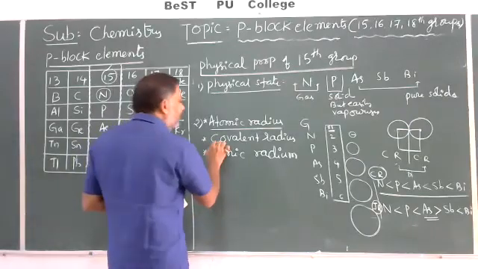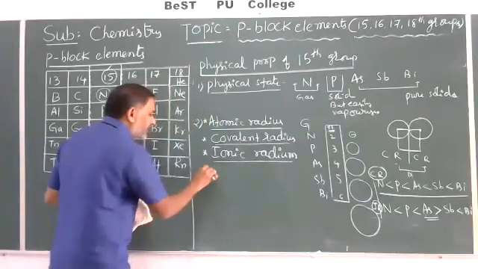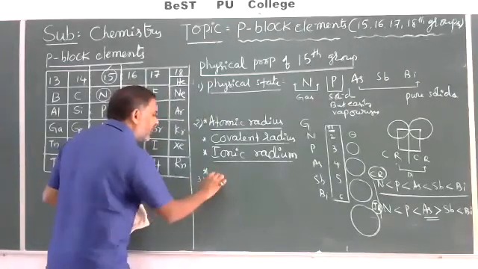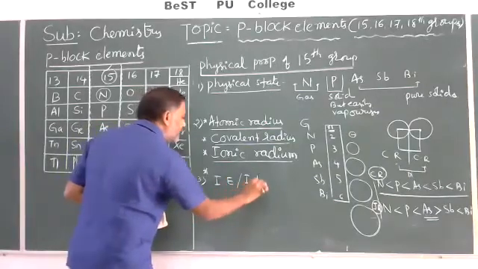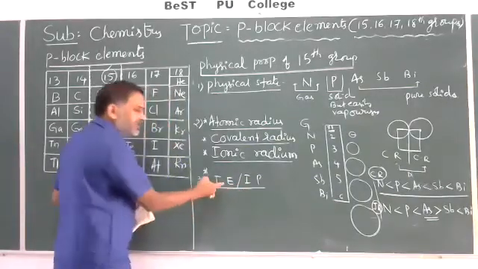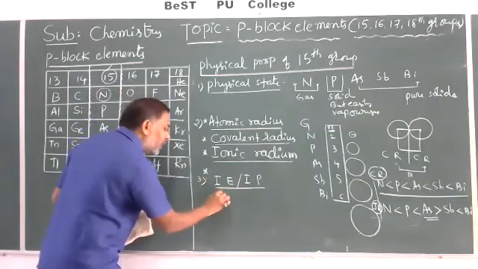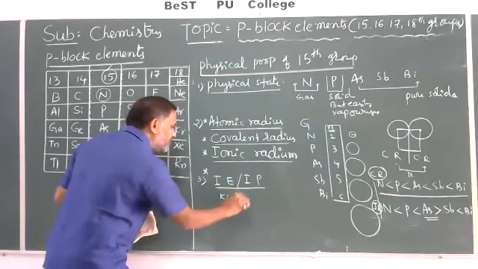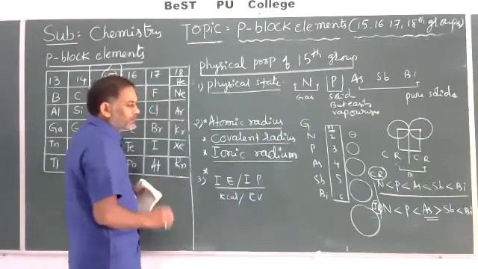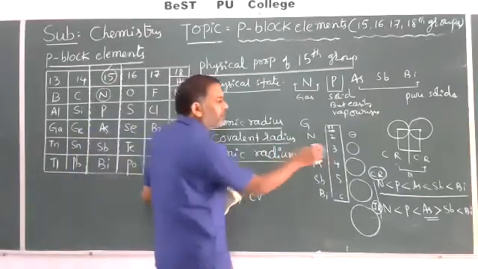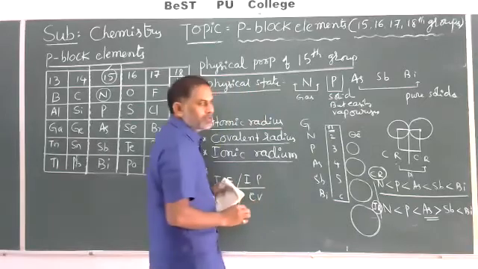After covalent radius and ionic radius, the third one is IE, ionization energy and ionization potential. Both are the same, already explained in the previous class, just revision. Energy is in kilocalories, potential is in electron volts. That is the difference. It is the minimum amount of energy required to remove an electron from its outermost orbit.